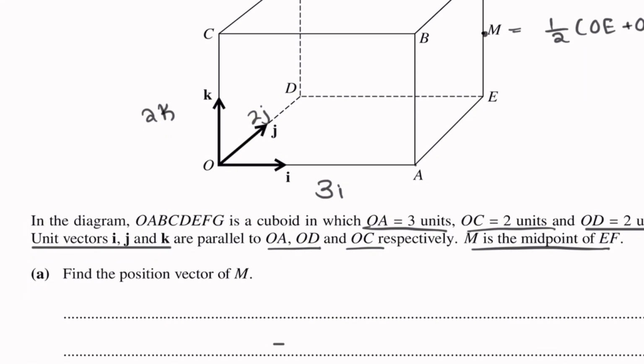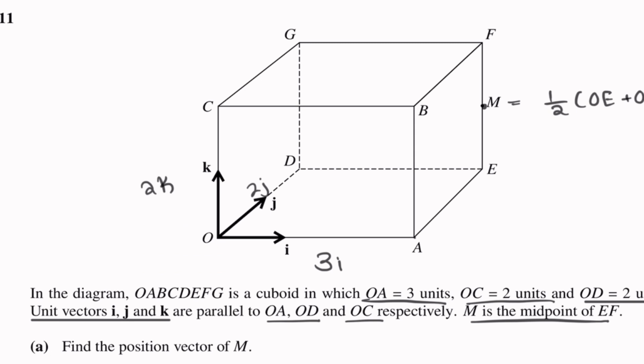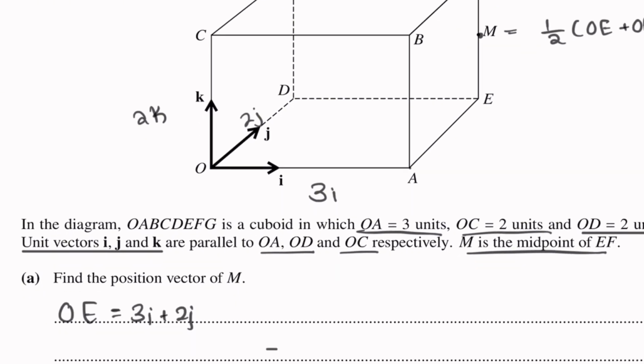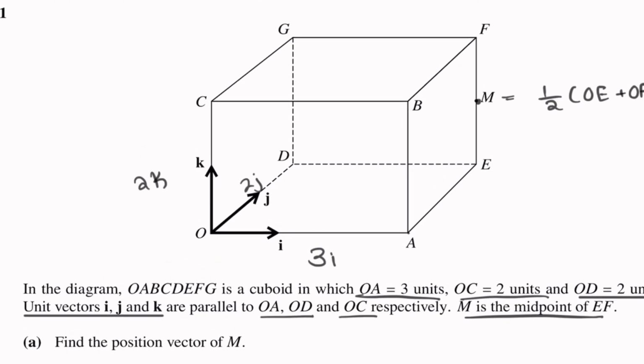Well, that's literally what I was just talking about. Now let's first start by finding OE. OE is going to equal 3i plus 2j, and then OF is going to equal 2k plus 2j plus 3i.